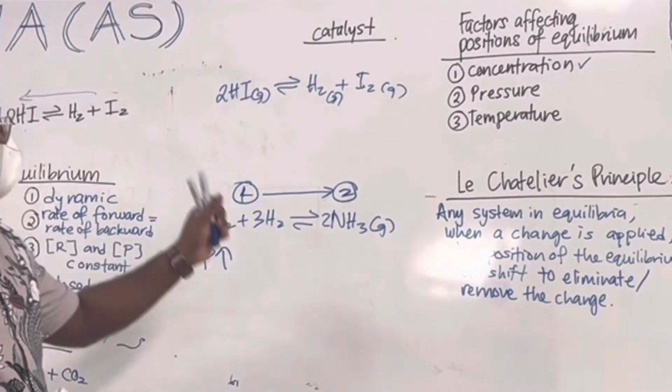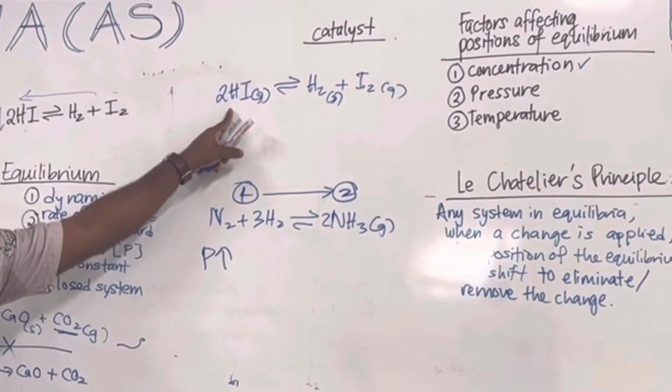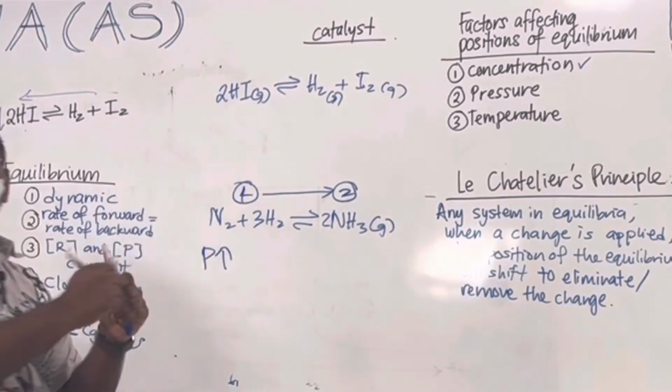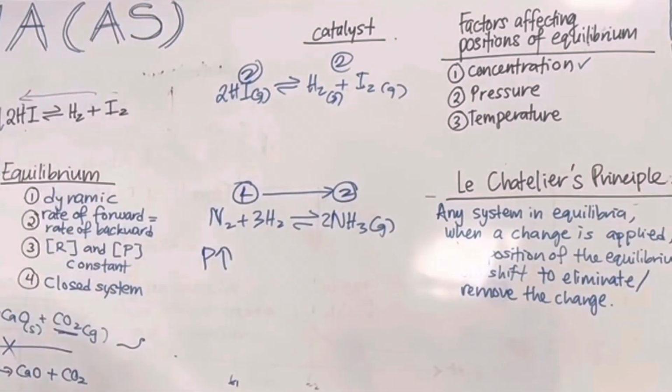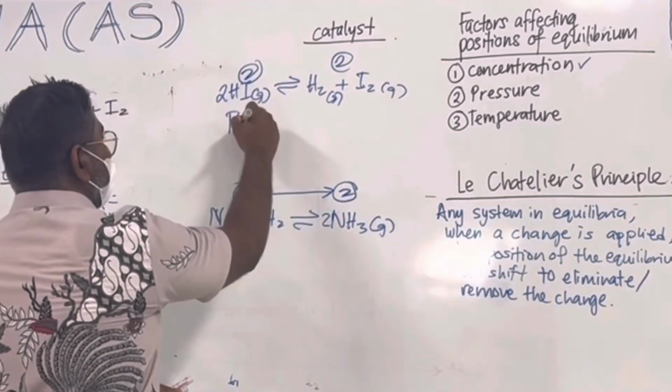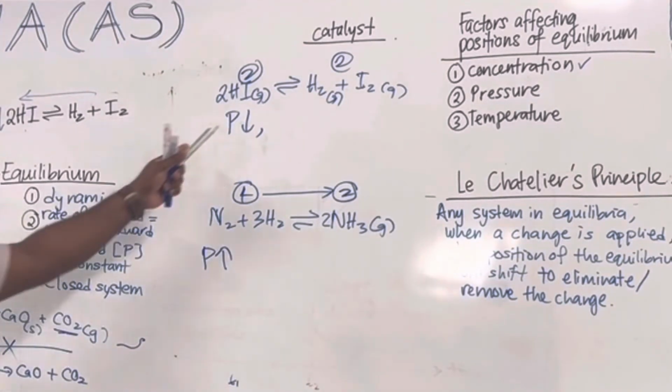Just be patient with me. So I'll just show you also. This one, total number of moles, you see 2. This is 2. 1 plus 1. Now, if I decrease the pressure according to Le Chatelier's principle, you need to increase the pressure.